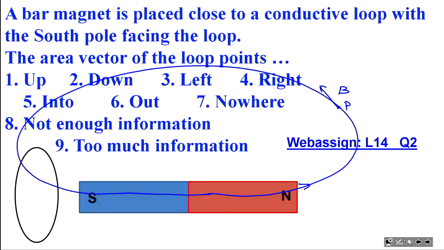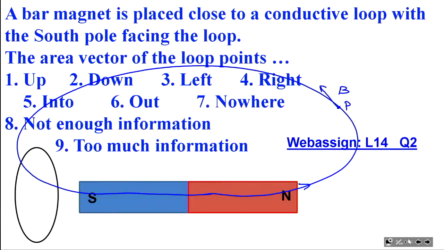So, not here, not here, not here, somewhere here. This is when I always wish I would have a third hand. Because we need a vector. A vector is an arrow, not the area vector.